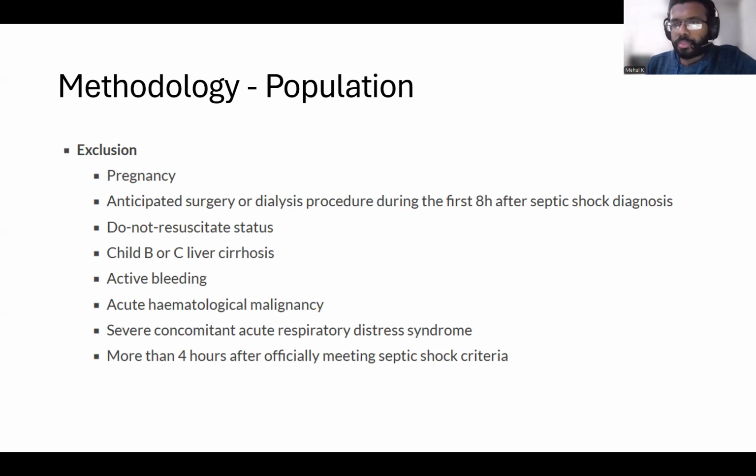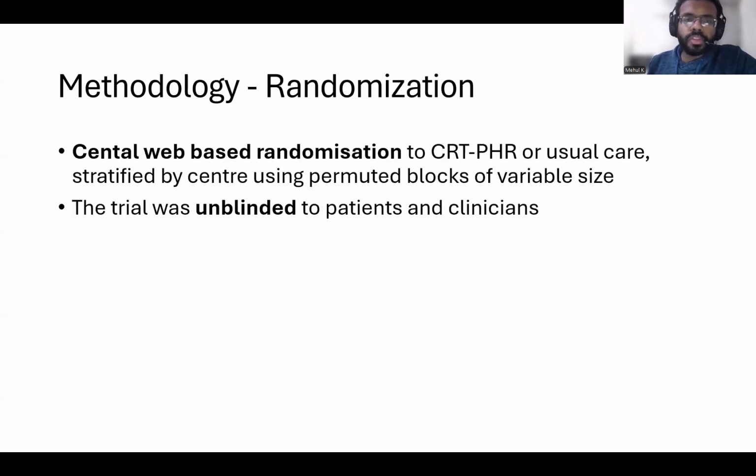This is what usually happens in most studies looking at things like septic shock. They also excluded patients if there was a more than 4 hour delay after meeting the septic shock criteria. So most of the patients were recruited very early, which is actually a strength of the trial.